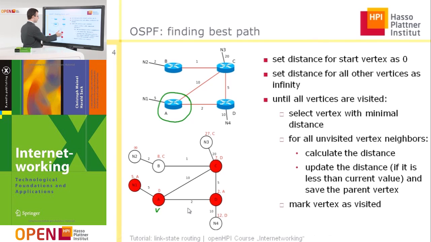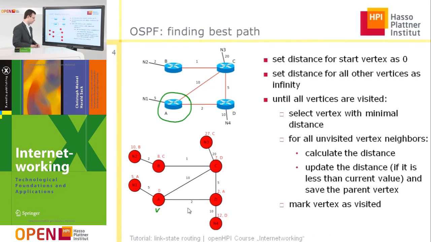After this step, as soon as all neighbors of C are checked, we mark C as visited and go next to the vertex B, as it has a distance of 8, and check its only unvisited neighbor N2, updating the distance 8 plus 2 equal to 10 through the B. And next we mark it as visited and go to this vertex, which has no unvisited neighbor, and we immediately mark it as visited, and then to vertex N4, and finally to the vertex N3.